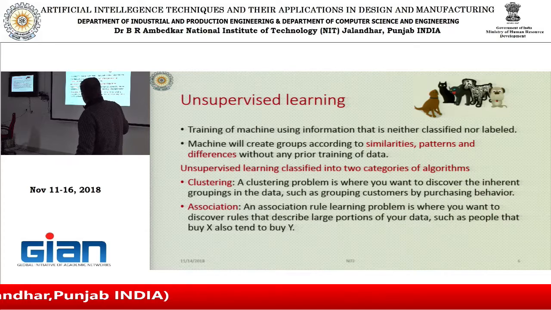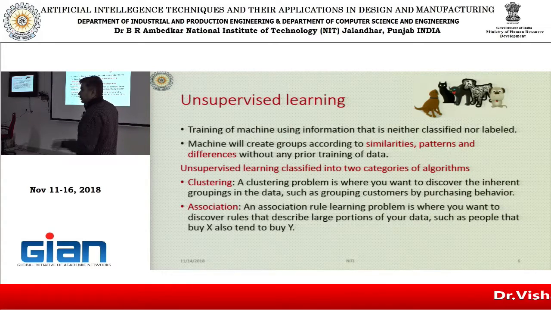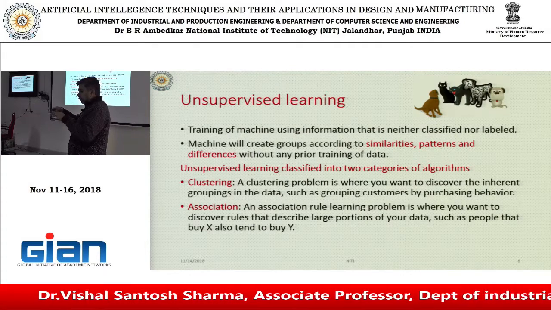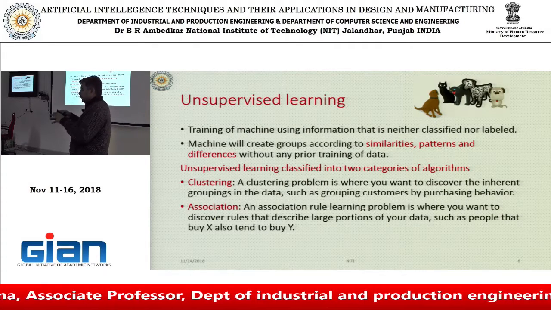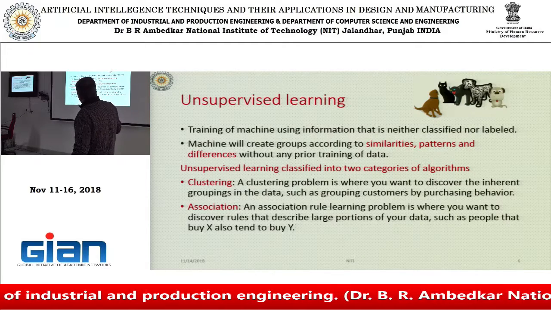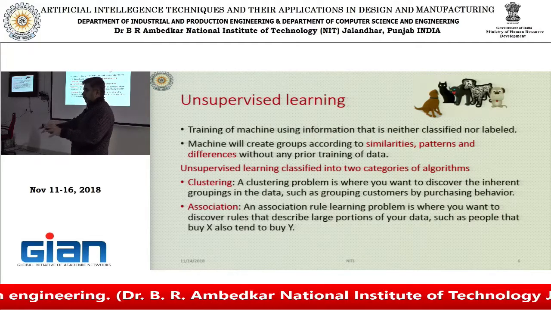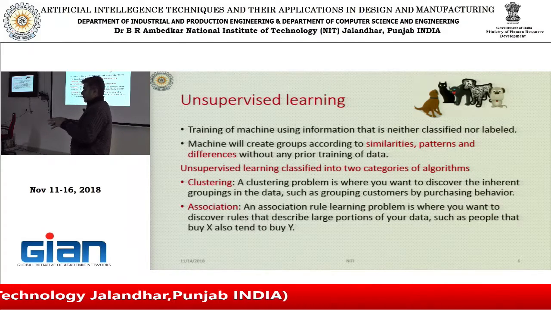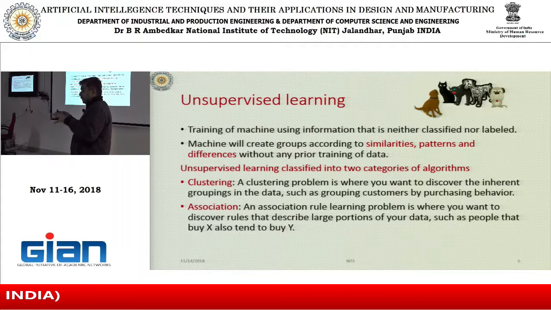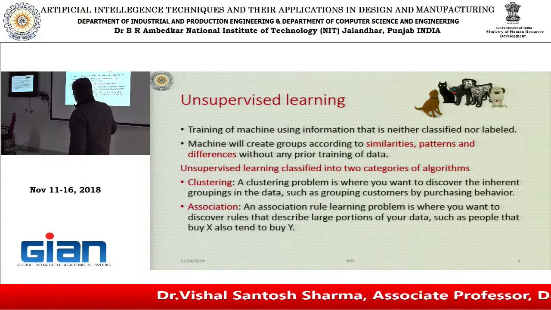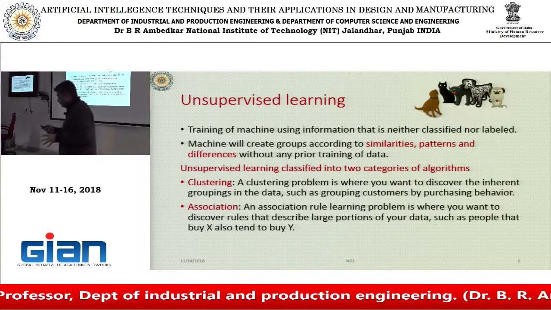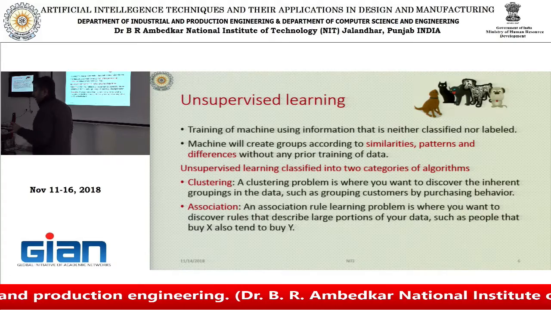For example, I give this picture to the machine. The machine will find that anything having 4 projections, say 4 legs, forms one set. If I put a picture of a human being here, it is different from these, so it can be easily recognized that something is different. That is the meaning of similarities, patterns, and differences. So that is unsupervised learning.